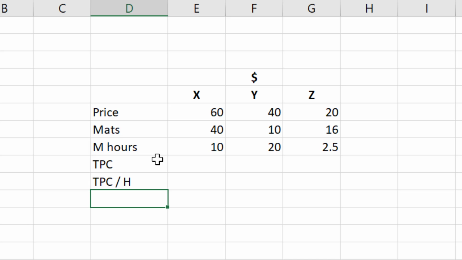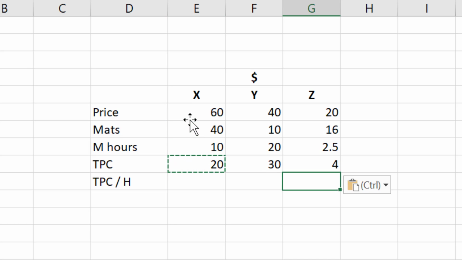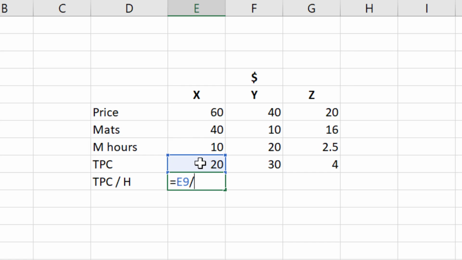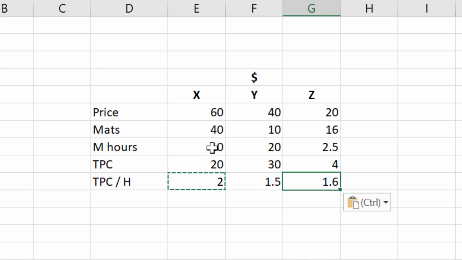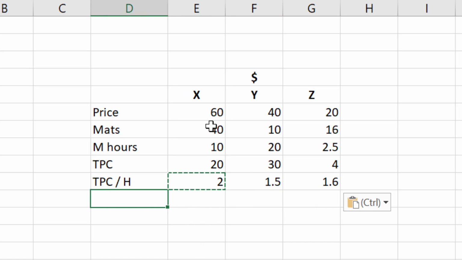Throughput contribution is equal to the price minus the material costs. I can copy that formula across. Throughput contribution per hour is then that throughput contribution divided by the hours per unit. And we see that product X has the highest throughput contribution per hour. So the management accountant did this work, and we've decided that X would be the best product to make.